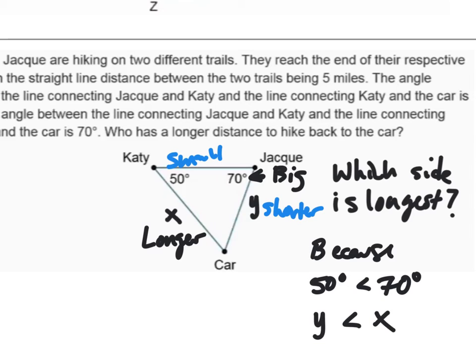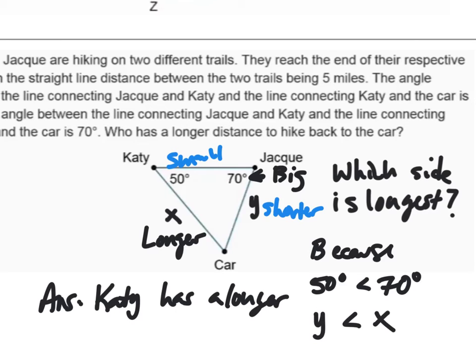You kind of just have to think about it like that. So in conclusion, our answer is that Katie has a longer hike back to the car.